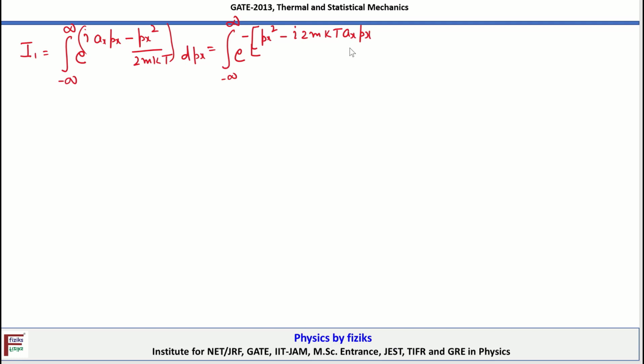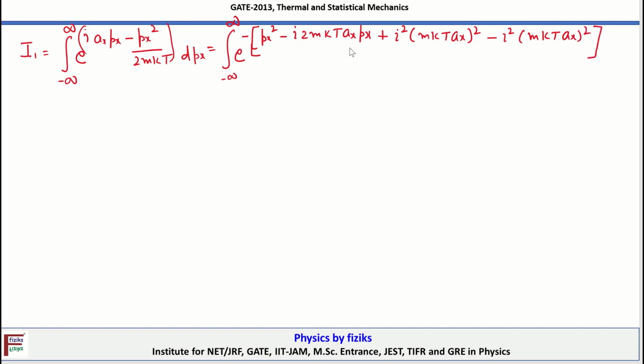So we will notice in a moment why I'm multiplying here with 2mkT. What I'm going to do is add a term and also subtract the same term, so that the net effect is 0: plus i² m²k²T² a_x², and then I'm also subtracting the same term, i² m²k²T² a_x².